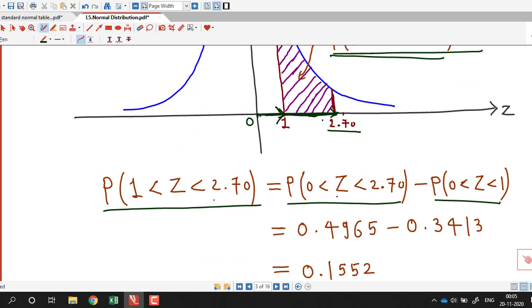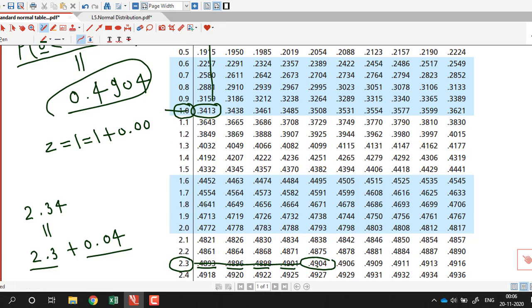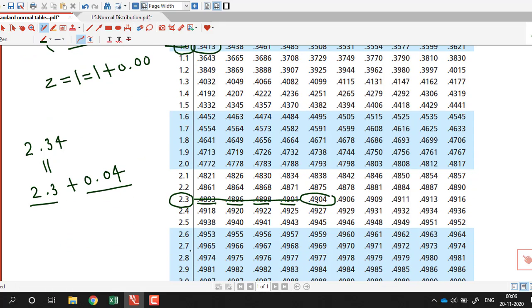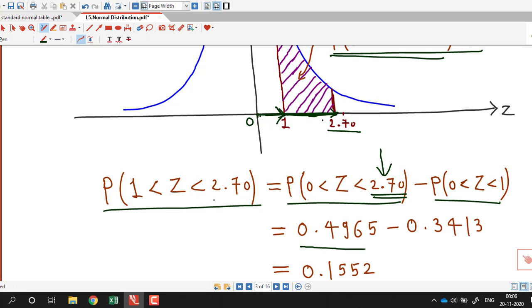Now we can determine this from the table. First we look for z equal to 2.70. So I have to search for 2.7, and here I have 2.7, and I have to search for 2.70, that is 2.7 plus 0.00. So this is our required entry, 0.4965, so that we have written here.